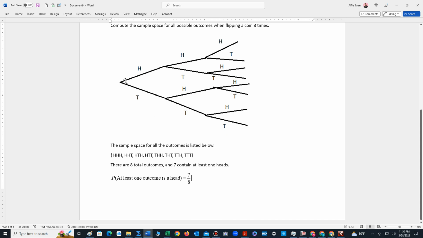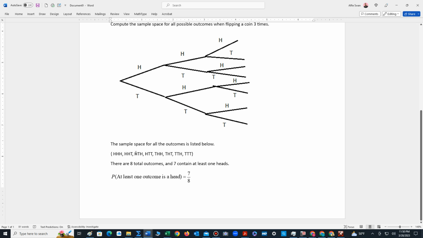Another outcome is 2 heads and a tails: heads, heads, tails; heads, tails, heads; heads, tails, tails; tails, heads, heads; tails, heads, tails; tails, tails, heads; and finally, tails, tails, tails. And I've listed all the outcomes here. So when you flip a coin 3 times, this is the exhaustive list of all the possible outcomes.